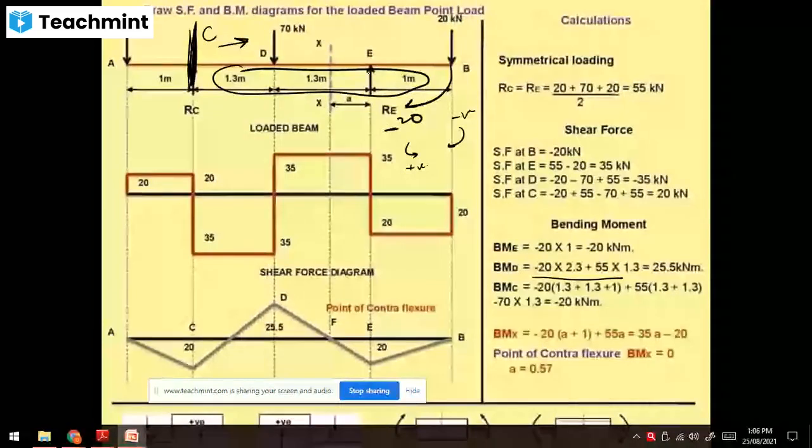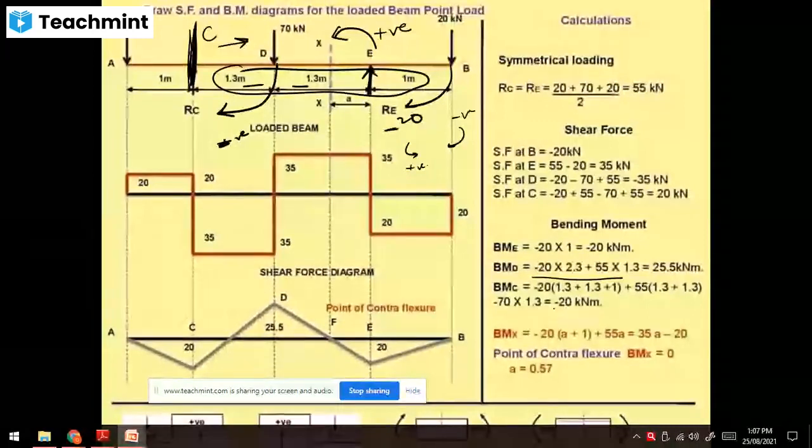Then this 55 reaction will create anti-clockwise, that is positive towards the right of the C. So 55 into 1.3 plus 1.3. And at last, 70 will create the clockwise moment towards the right of the section, that is negative. So 70 into 1.3. Is it understood now?